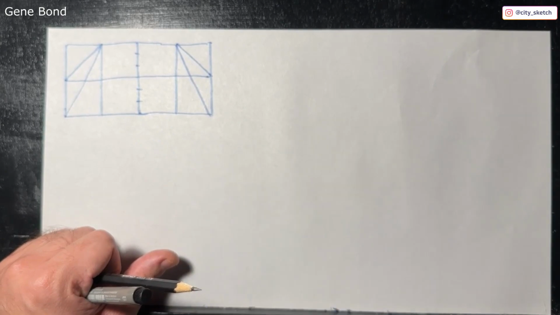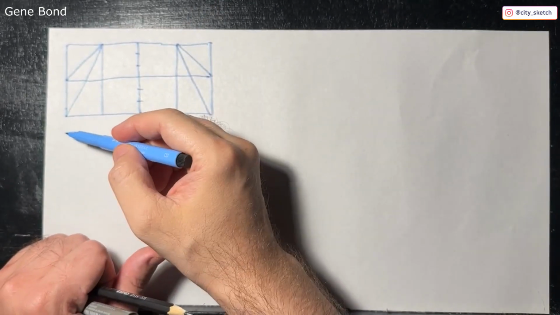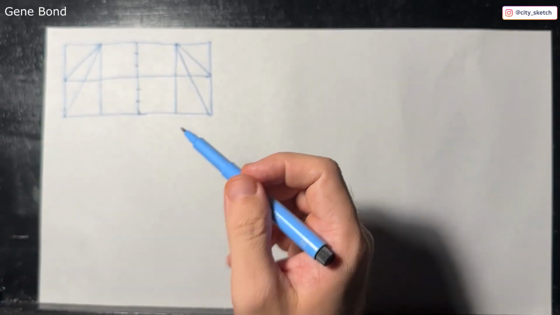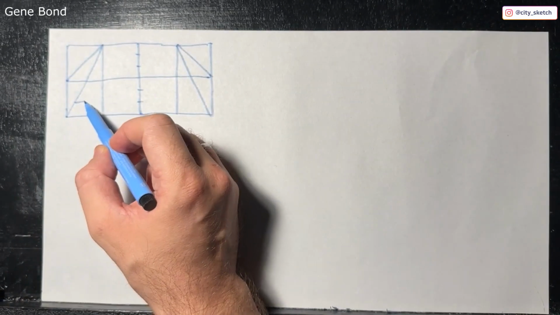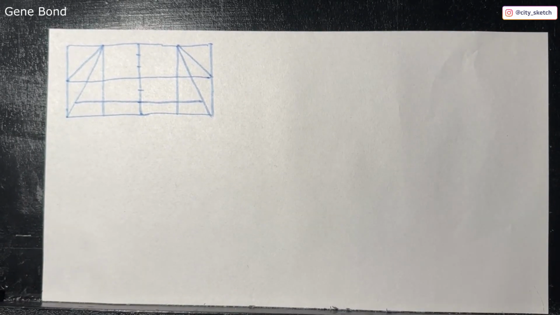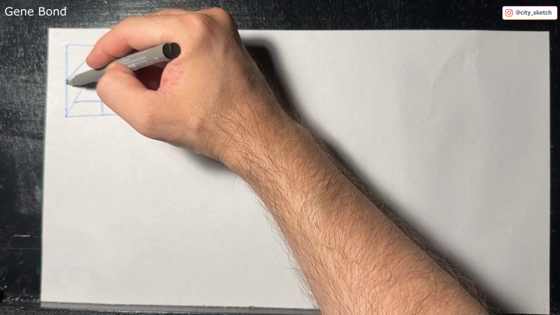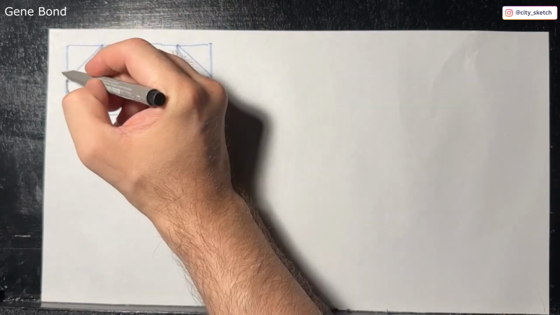Also there will be columns, so I'll show you later. So first, let's do this thing first. So if convex stairs, it looks like this.